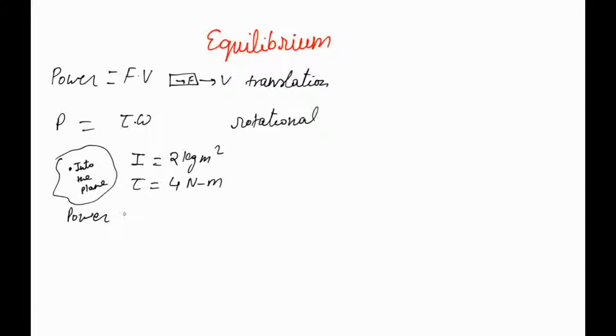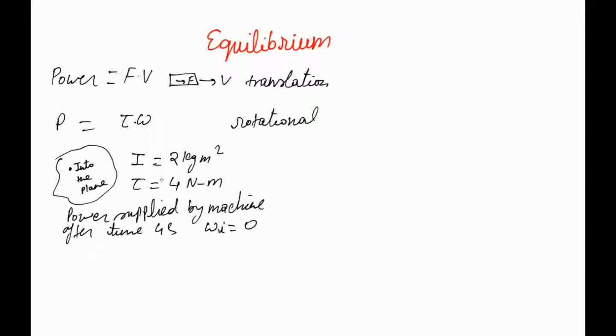What is the power supplied by the machine after time 4 seconds? Let's say that it initially started with initial angular velocity 0.